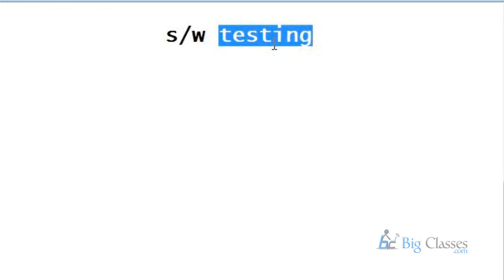See, I give a simple definition. Testing is the comparison between expected value and actual value. What is expected value? What is actual value?